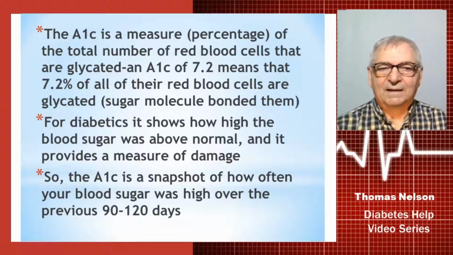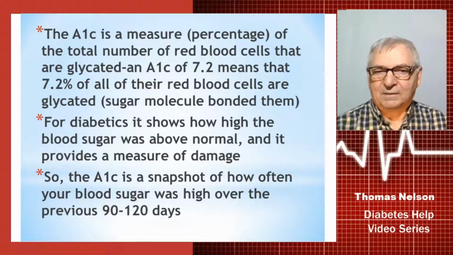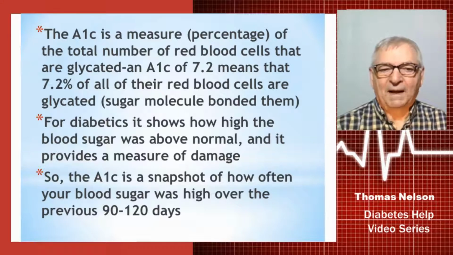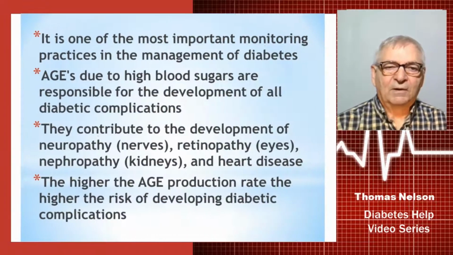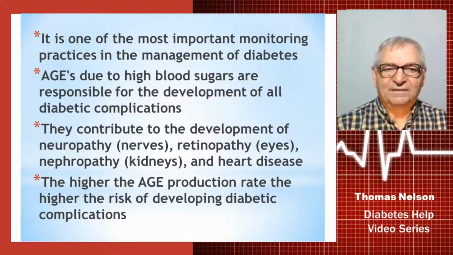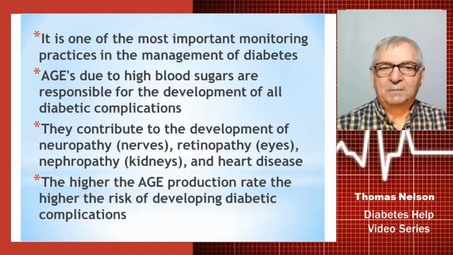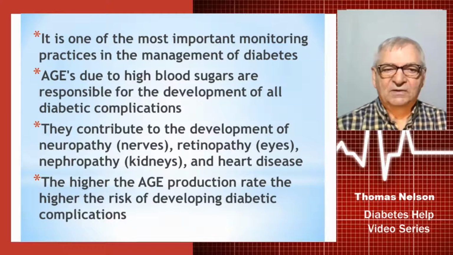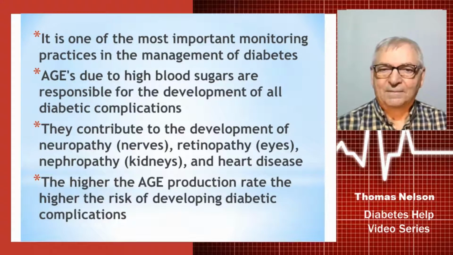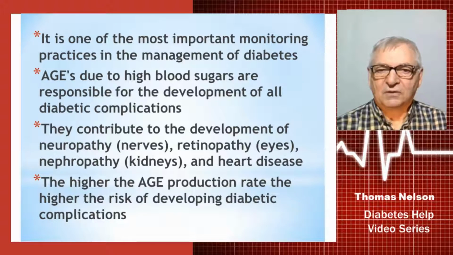So that A1C, again, is a snapshot of how often your blood sugar has gone over that 110, 120 over the previous 90 to 120 days. So it's one of the most important monitoring practices in the management of your diabetes. AGEs, due to those high blood sugars, are responsible for the development of all diabetic complications. It is the cause, the root cause of all diabetic complications.